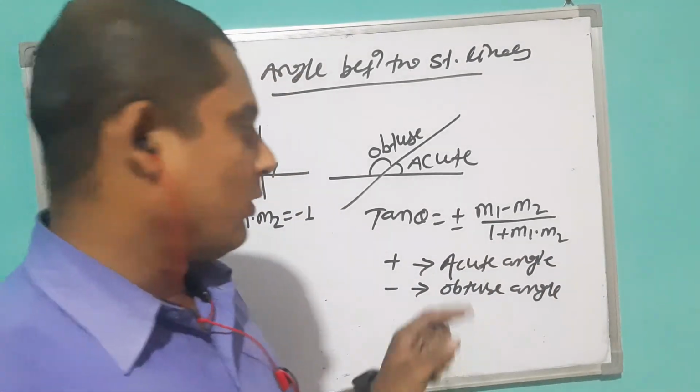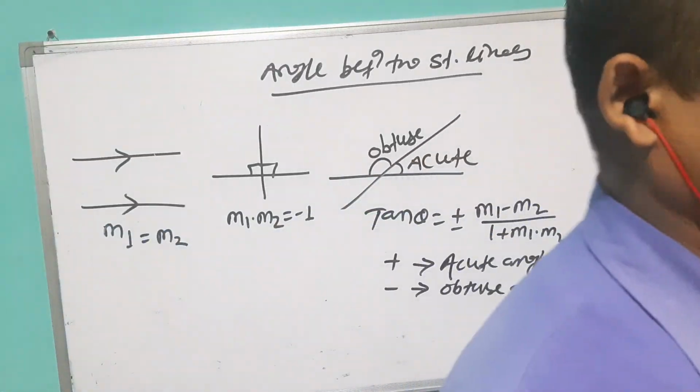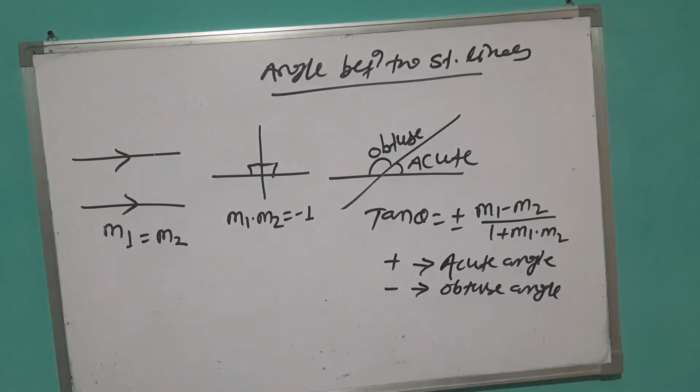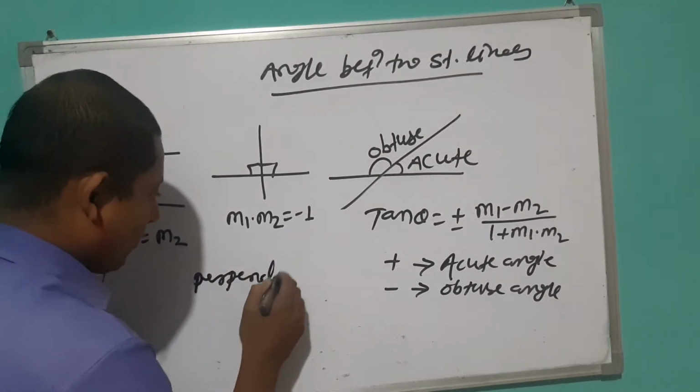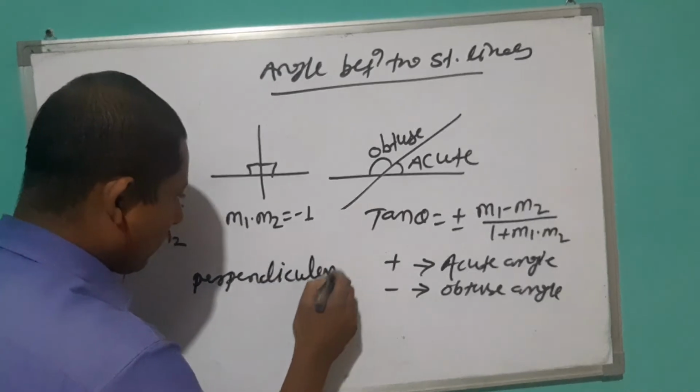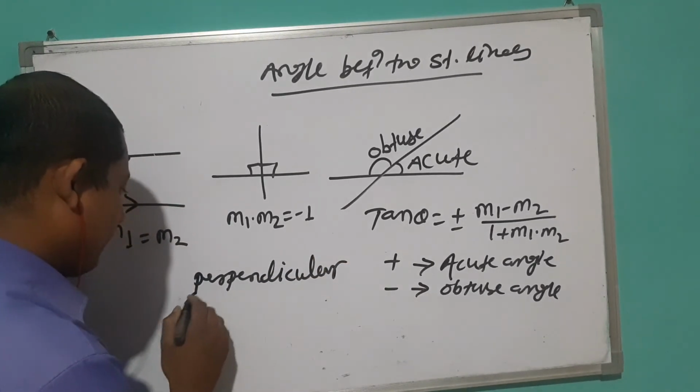I will prove it, but before that let's do some exercises and practice: how to find out the angle, how to show parallelism, and how to show perpendicularity. And you should know that the synonym of perpendicular is orthogonal.